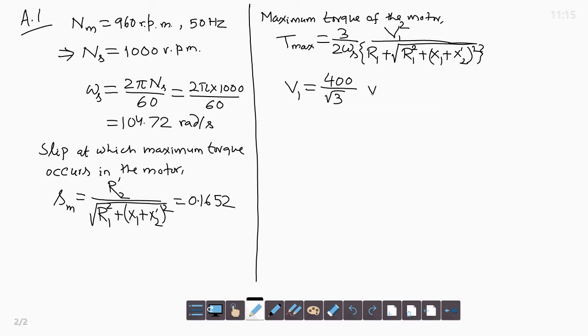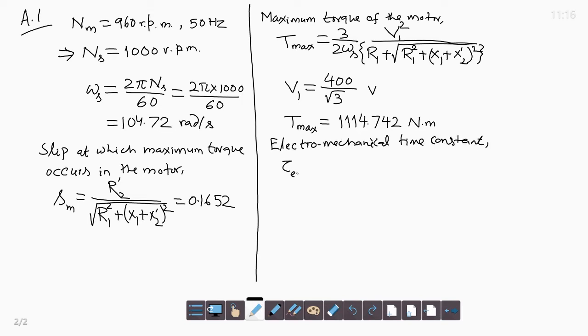So, omega s is determined and all the data are available, R1, X1, X2 dash. So, you can find out maximum torque T max. So, it is 1114.742 Newton meter.